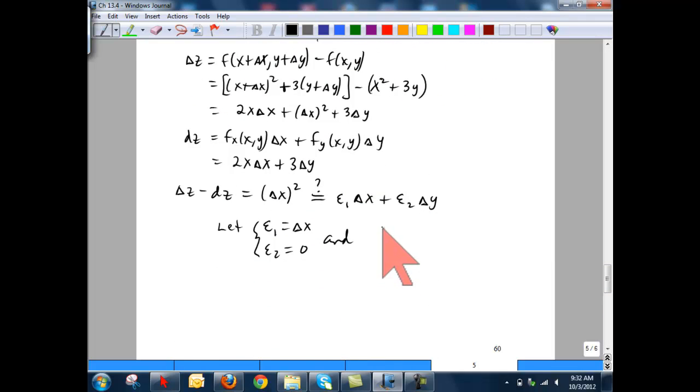Well, yes. Delta x goes to 0 as we approach the origin. That should be obvious. And 0 goes to 0 as we approach the origin. And notice that this happened for every value of x and y.